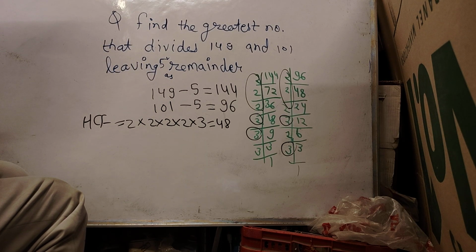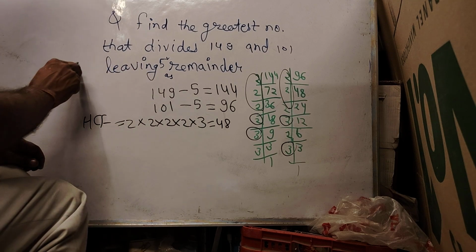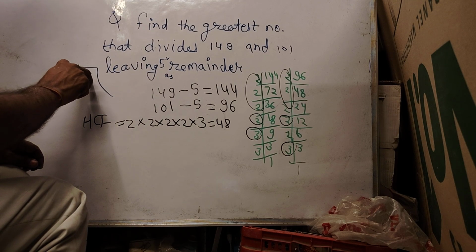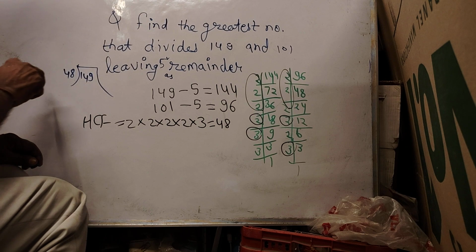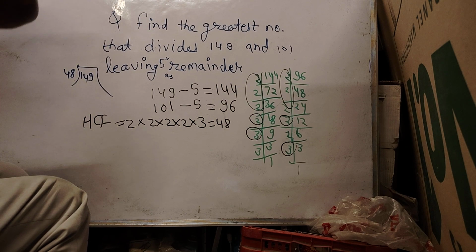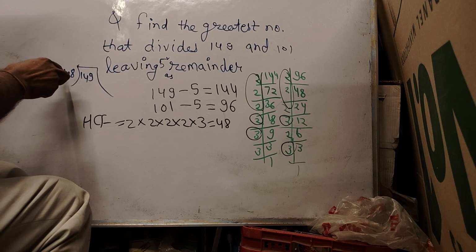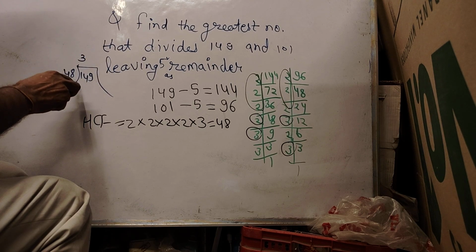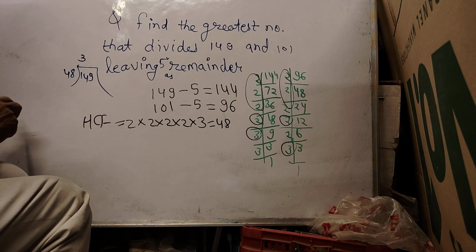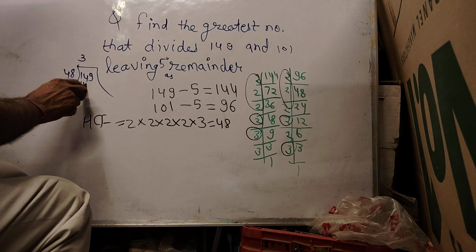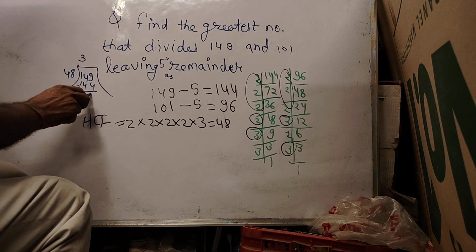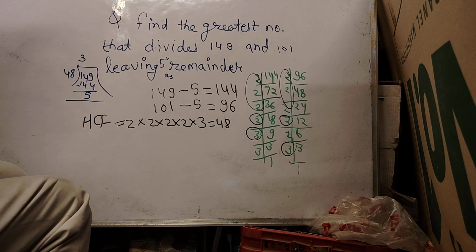We can check the answer. 48 divides 149: 48 times 2 is 96, 48 times 3 is 144. Subtracting, we get remainder 5.